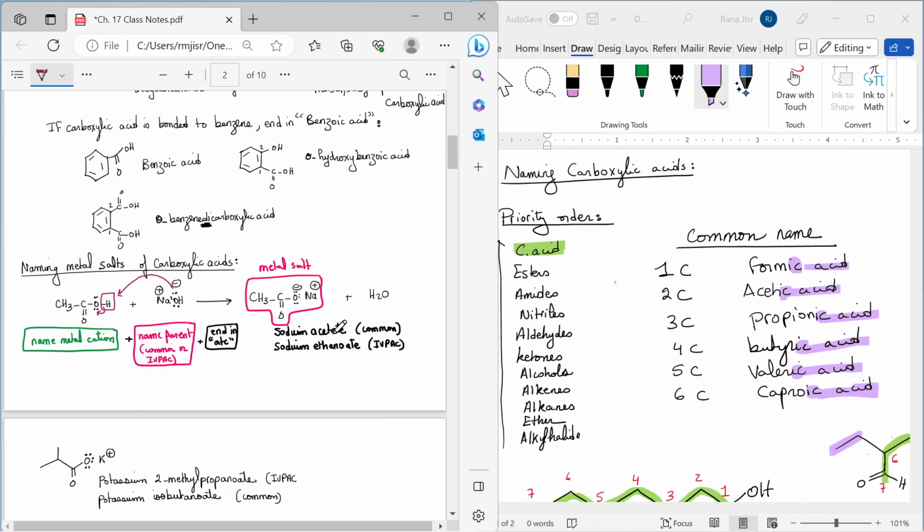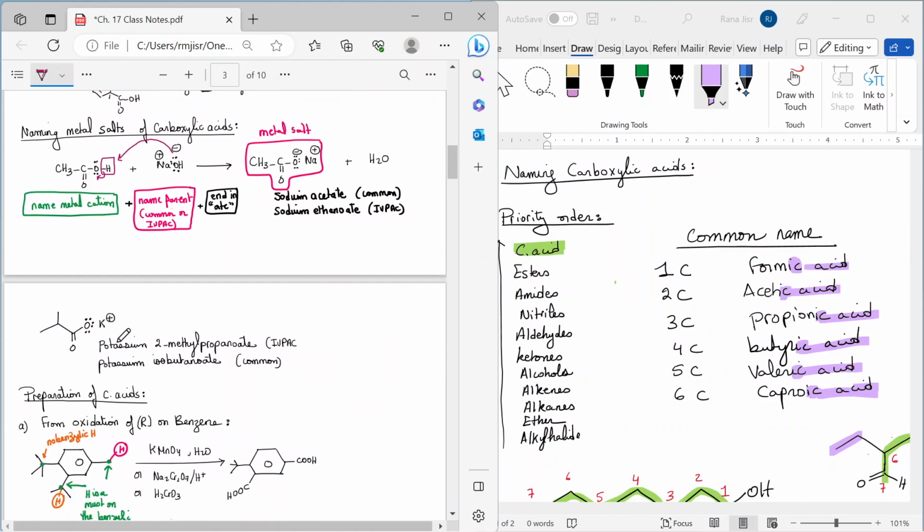You drop the ic acid in both the common and the IUPAC name, and then you replace that by ATE. So your ending is going to be ATE. So the name of this one is going to be sodium. This is 2 carbons. So instead of being acetic acid, you drop the ic acid, it's going to be acetate. And instead of being ethanoic acid, you drop the ic acid, it's going to be ethanoate.